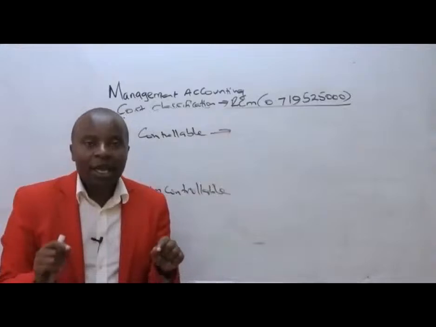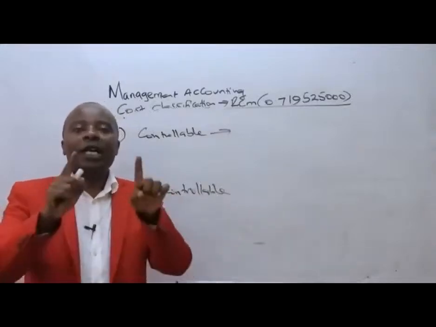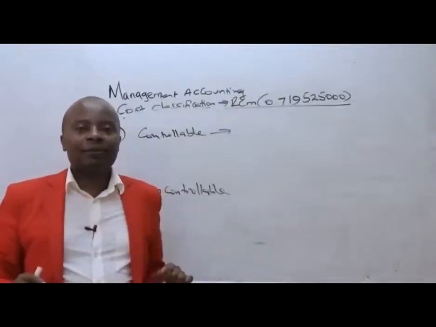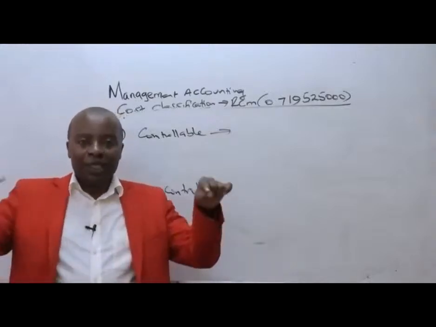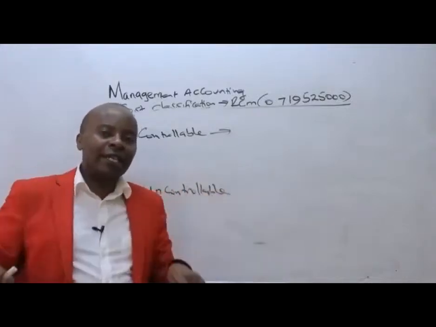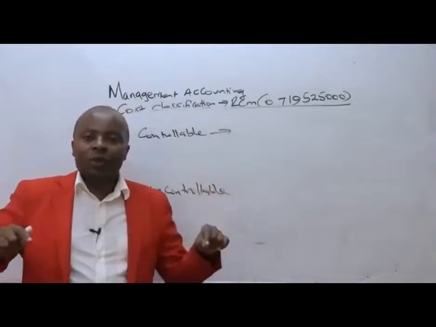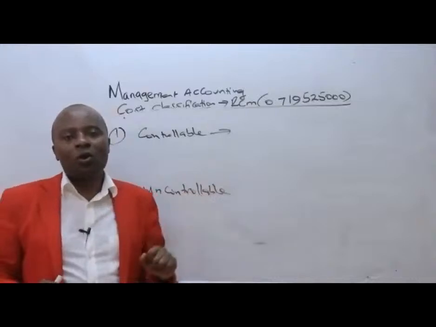Controllable costs are those costs that we can control, that we can influence their incurrence or not, as management. So as management within this firm, there are those expenses. If we say no to training, then our people will not be trained, will not incur training cost. So training cost becomes a very good example of a controllable cost.